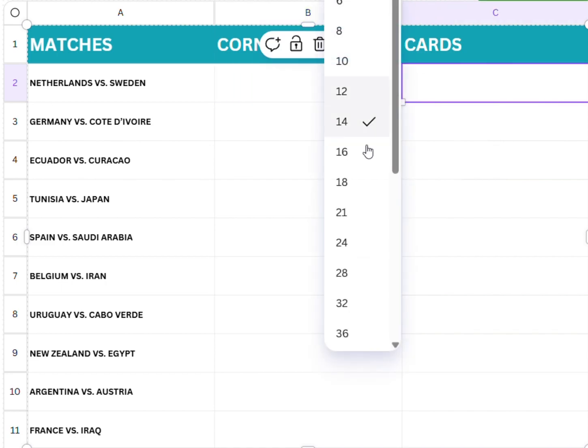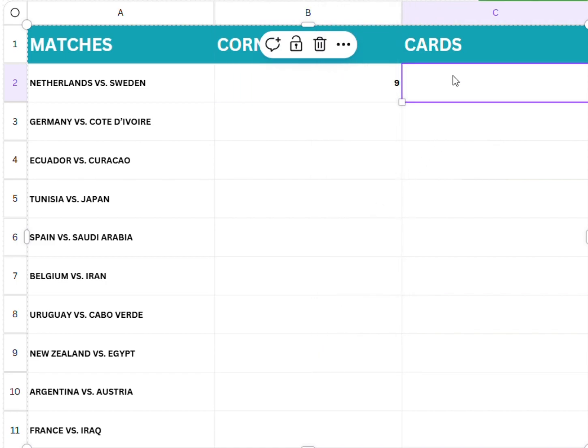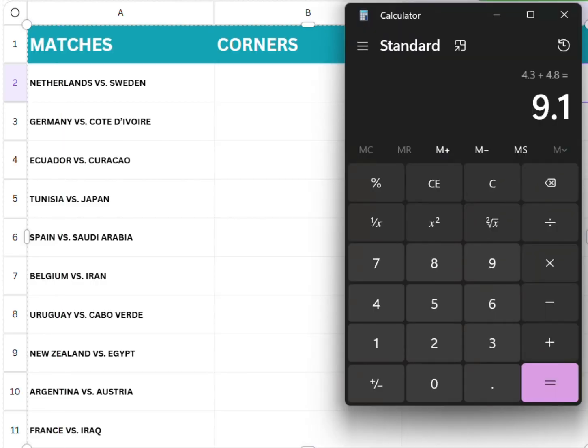For cards, the average cards shown in a match that featured Netherlands was 3 cards, while for Sweden, the average cards shown in a match that featured Sweden was also 3.